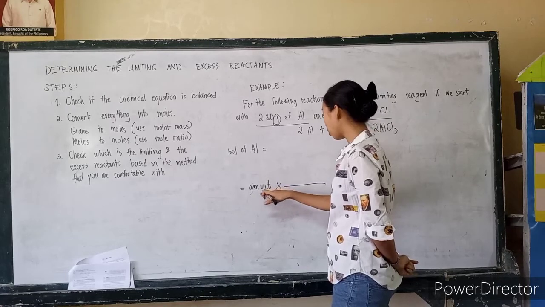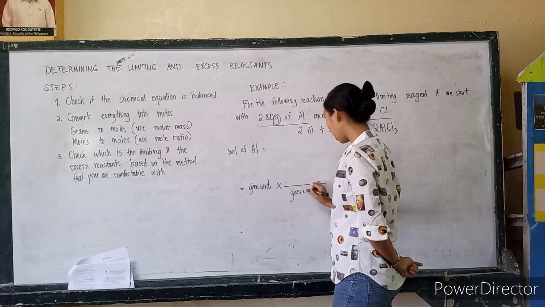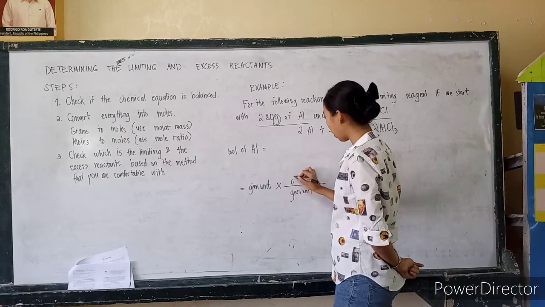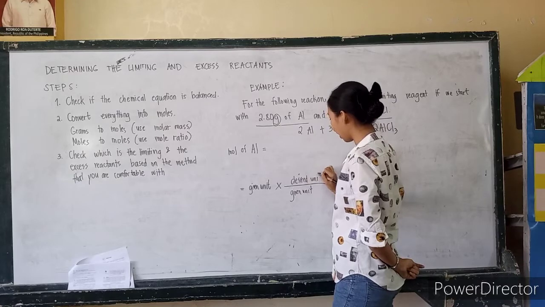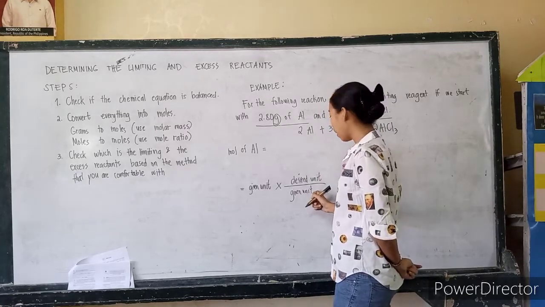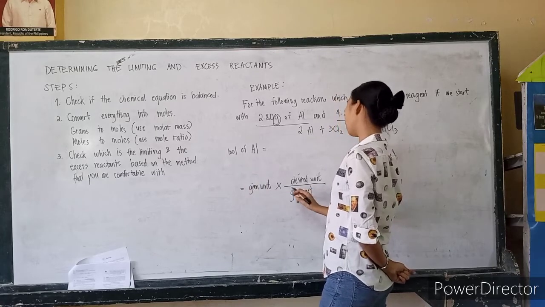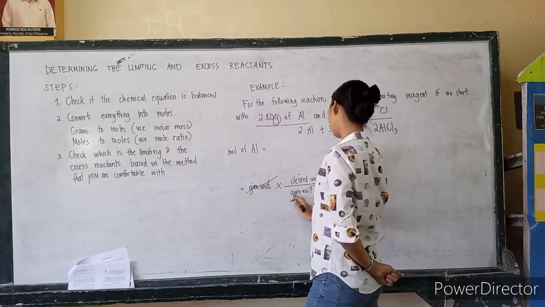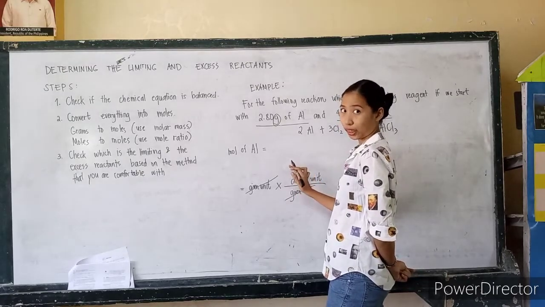Ang given unit dapat naa sa ilalom, tapos sa ibabaw ang desired unit, katong gusto nimo makuha nga unit. Para ma-cancel out ang given unit, ang mabilin mao ang desired unit.